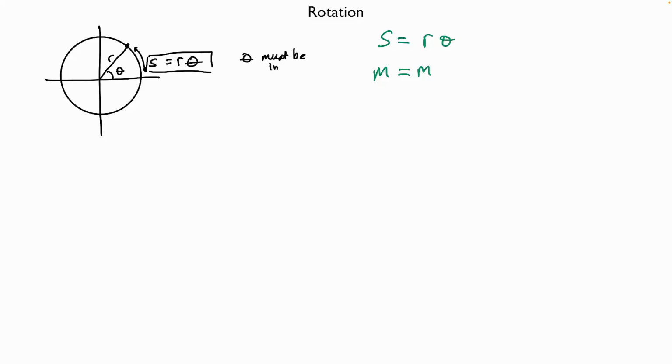What are the units of theta? Nothing. What do I multiply times a meter to get a meter? Nothing. In other words, radians are nothing.